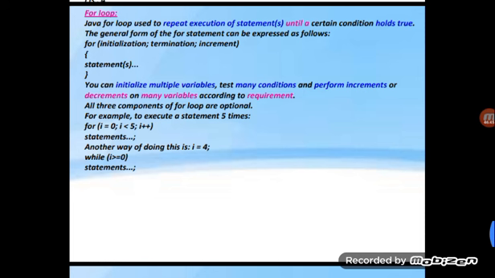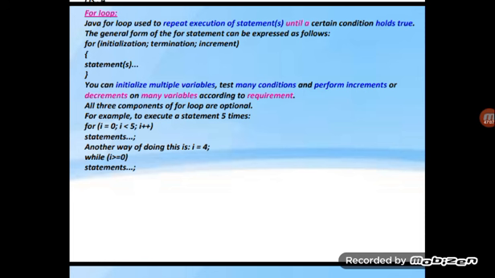And the for loop, which is very easy. The Java for loop repeats statements until a certain condition holds true. The general form of the for statement can be expressed as follows: initialization, termination, and increment. For i = 0, i less than n, i plus plus, like that we write it.